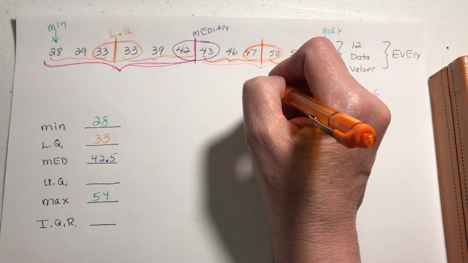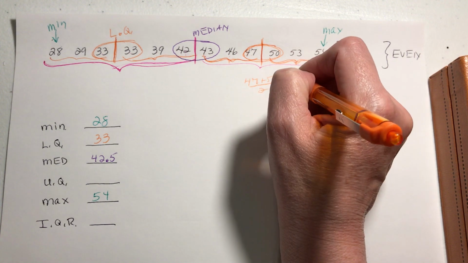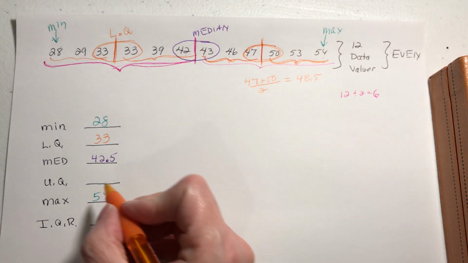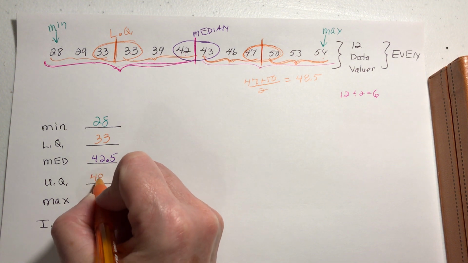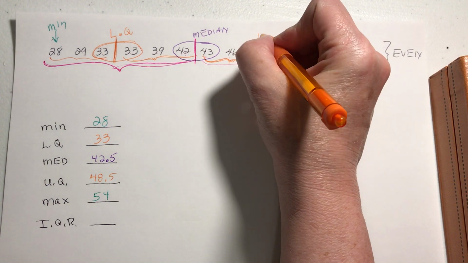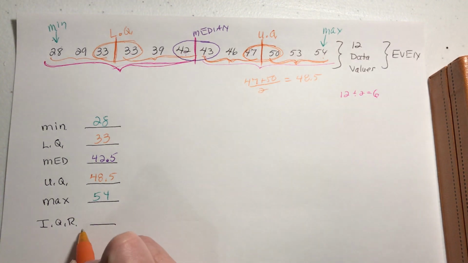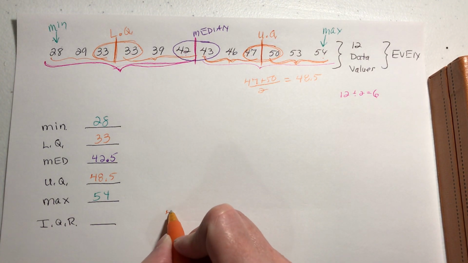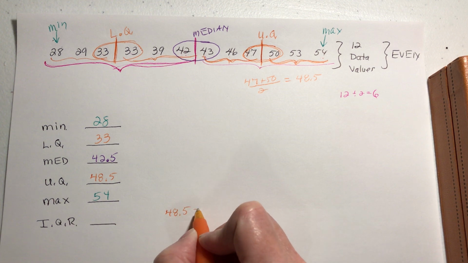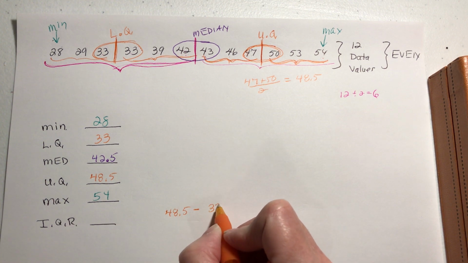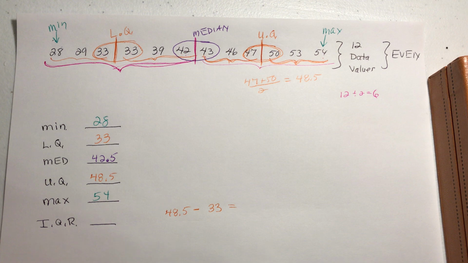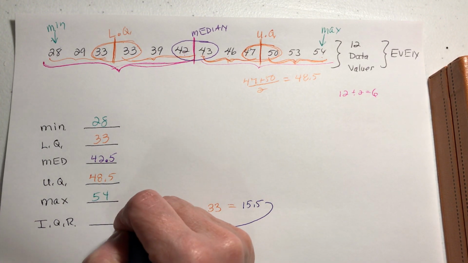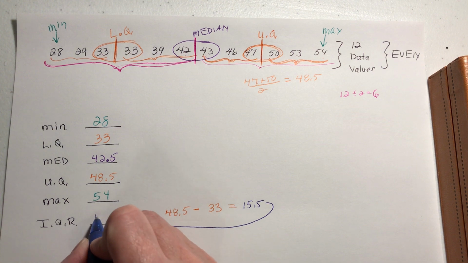So take 47 plus 50, divide that in half, and I get 48.5, and that's my upper quartile, my UQ. And then to get the interquartile range, you would simply have to take the 48.5 minus the 33, and that's going to give you 15.5, and that is your IQR.